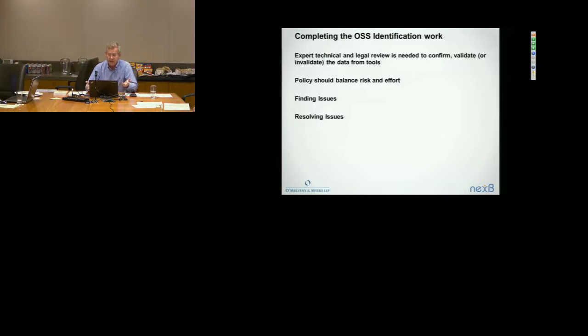The last mile is about finding issues, right? Are the components and the open source software I've identified any kind of issue? And it's in the eye of the beholder. It's a matter of policy. If I am an open source software developer and my project is GPL licensed, obviously my policy will be I don't want proprietary code in there.